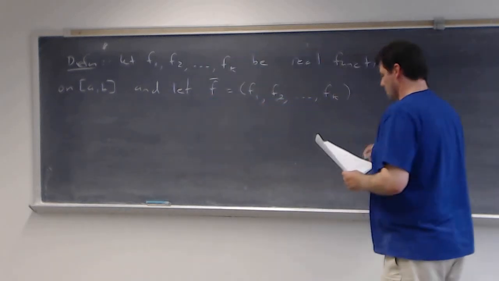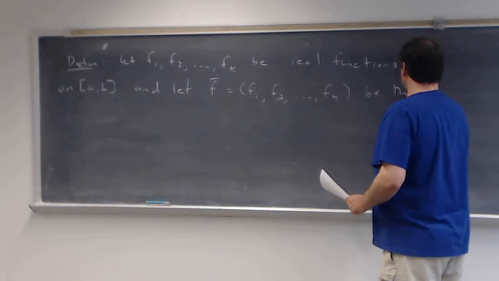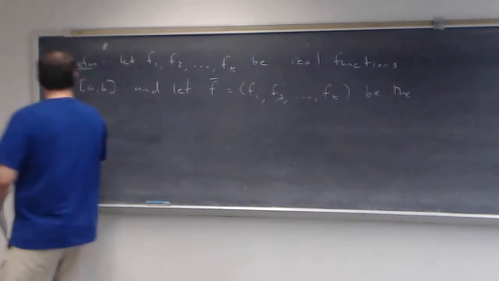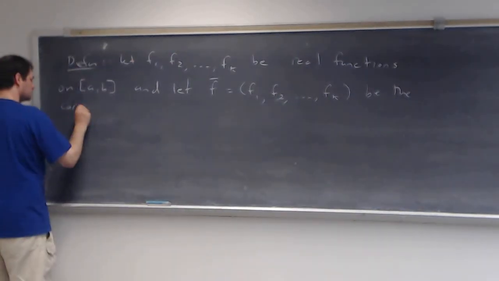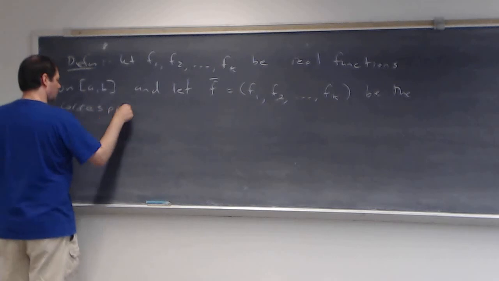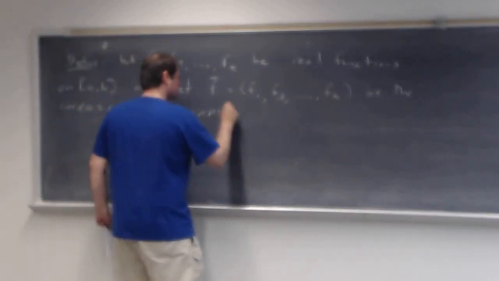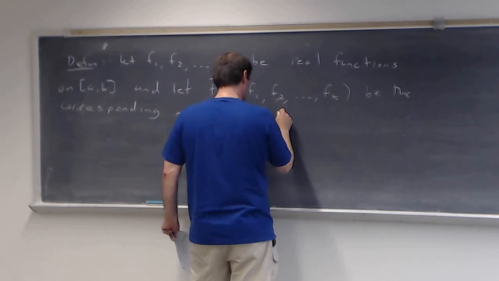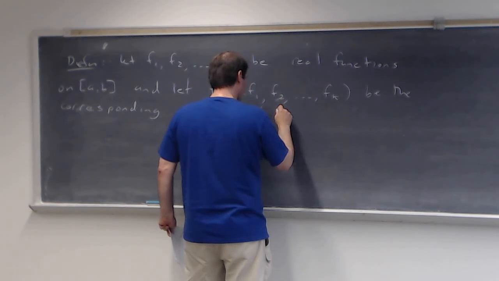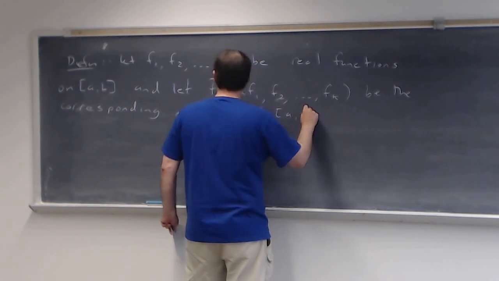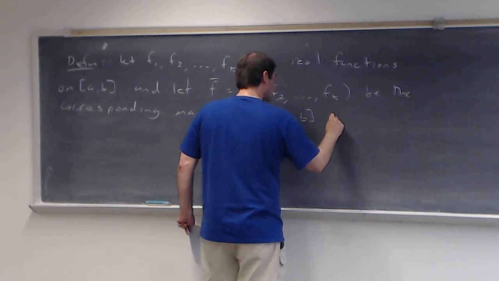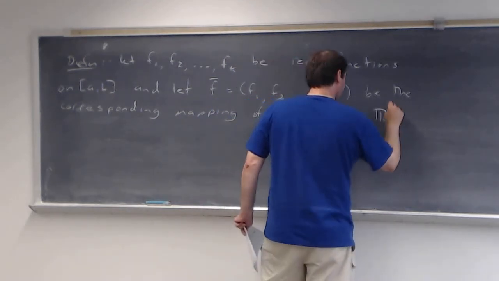And so this is the corresponding mapping of [a, b] into R^k.